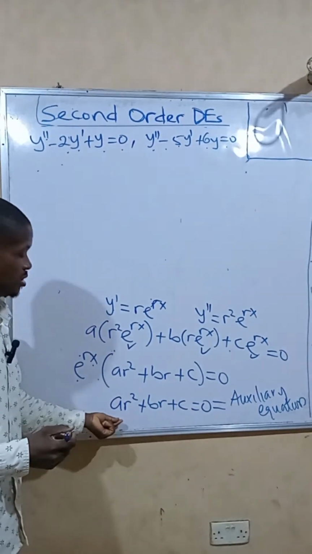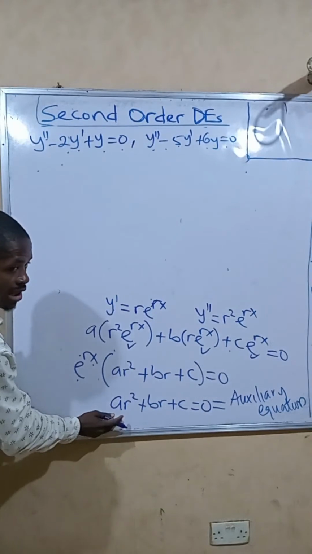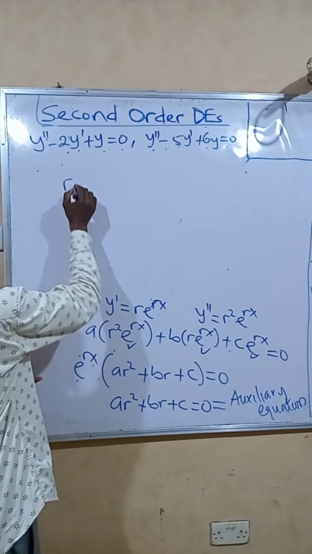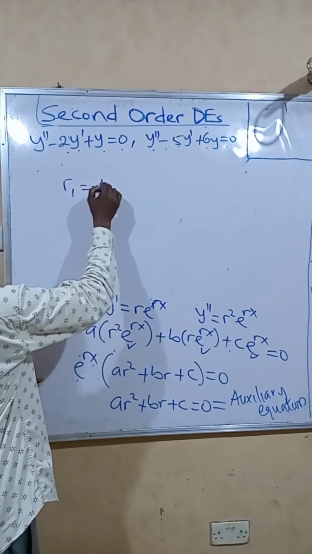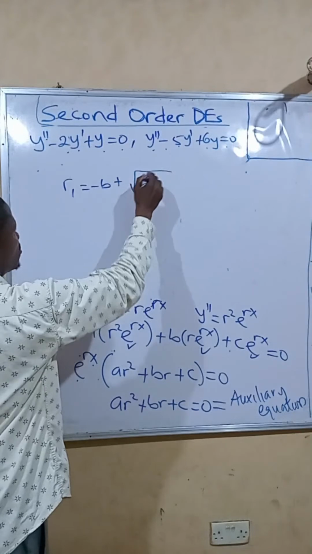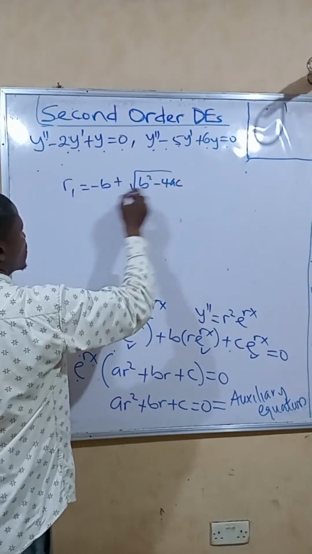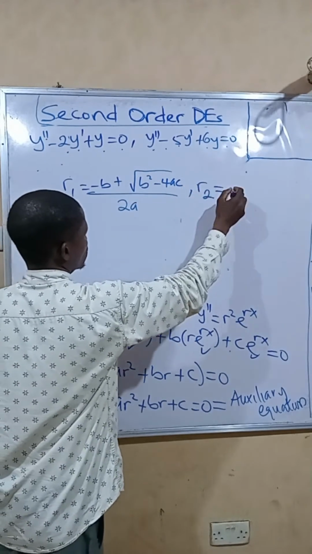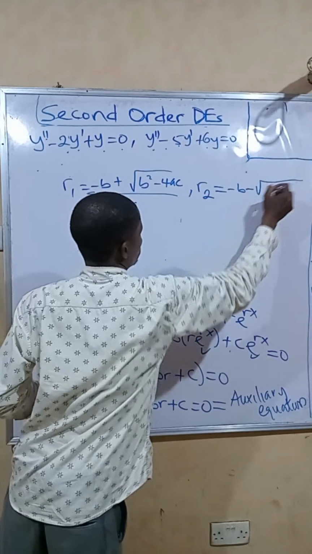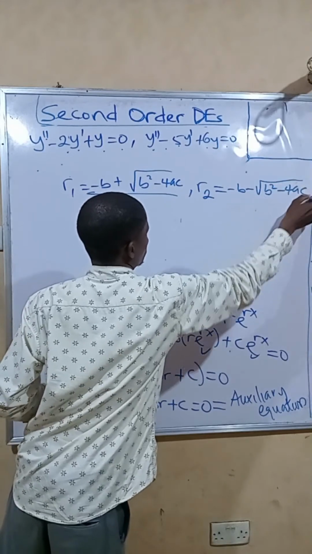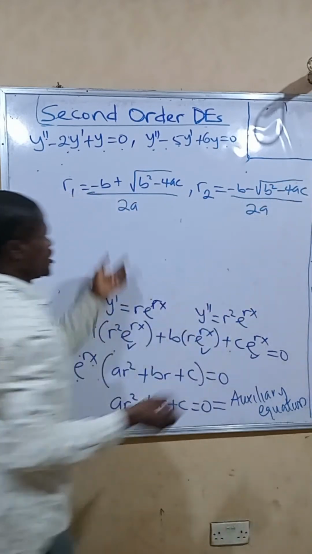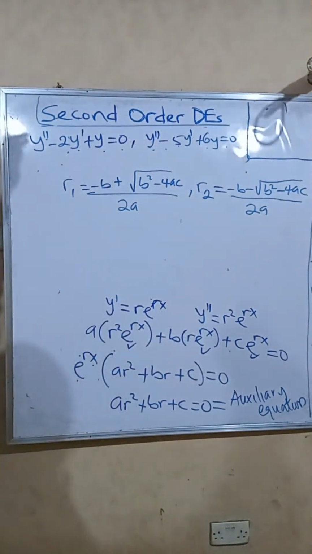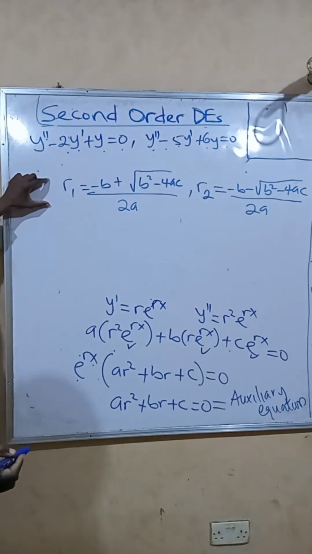So we're going to have r1 equal to minus b plus the square root of b squared minus 4ac, over 2a. Then the second one, r2, equal to minus b minus the square root of b squared minus 4ac, over 2a. So these are the roots of the auxiliary equation.